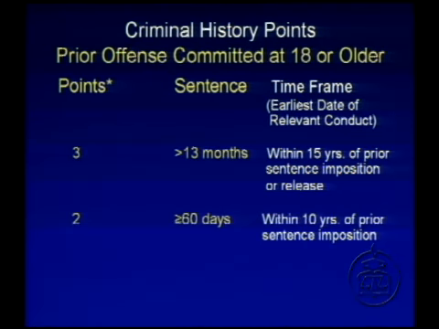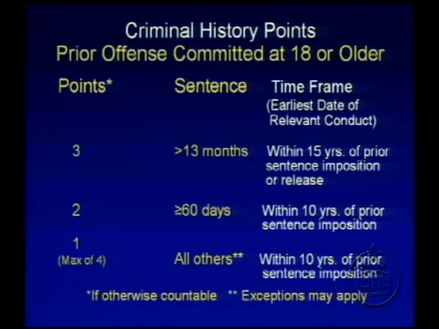A prior sentence of imprisonment of at least 60 days, but 13 months or less, will receive 2 criminal history points if the imposition of that sentence is within 10 years of the instant offense of conviction. Finally, all other countable prior sentences will receive 1 criminal history point with a maximum of 4. So the court will be capped at 4 for the 4A1.1(c) offenses, those 1-point offenses. And again, the time frame there is a 10-year window.